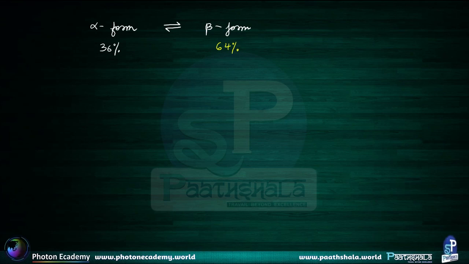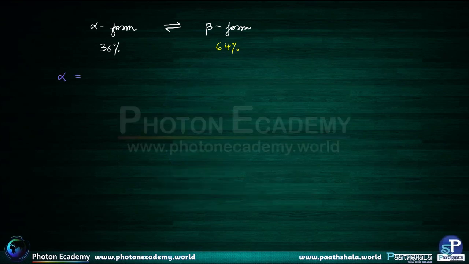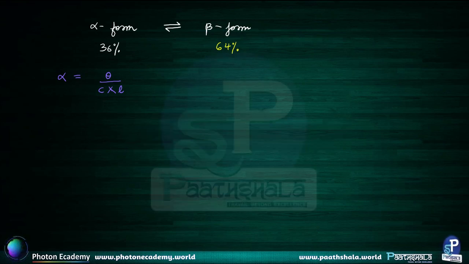Now this specific angle of rotation, what we have studied, is equal to theta upon c into L. That is one formula for it, and this theta is the angle that we just calculated. So I have the percentage of alpha at 36% and the percentage of beta at 64%.